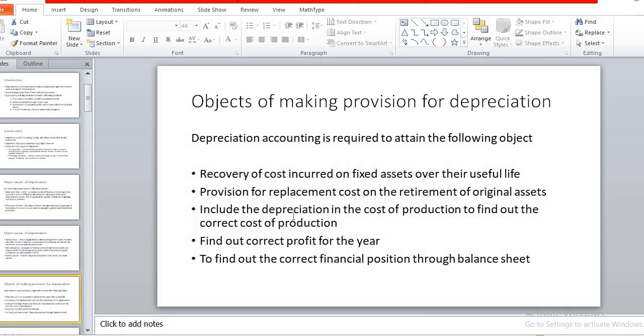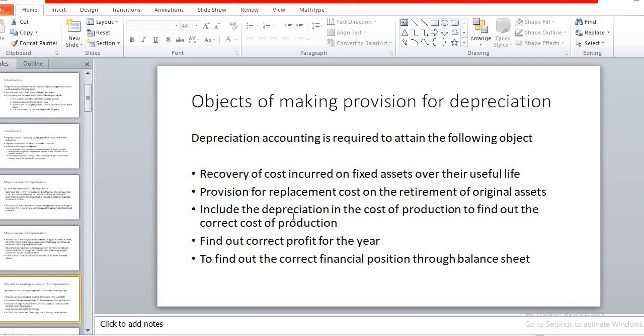Another objective is to find out the correct profit for the year. As we discussed with an example, suppose after 3 years we require to purchase a new 100 rupee machine to replace the old machine. That 100 rupees of cost should be distributed over the 3 years.